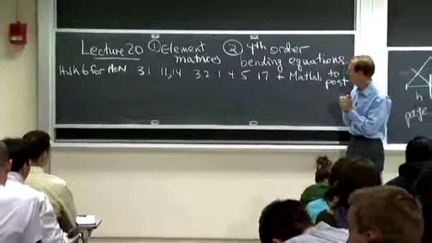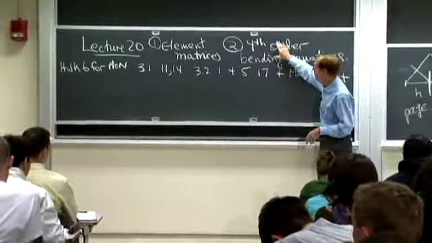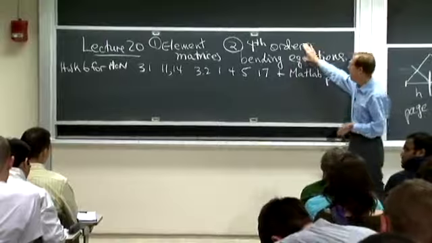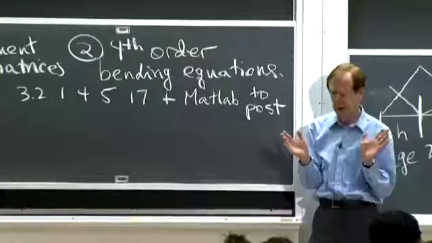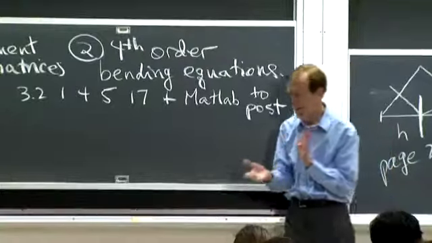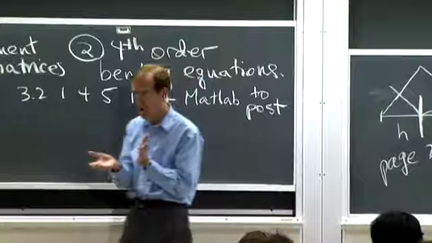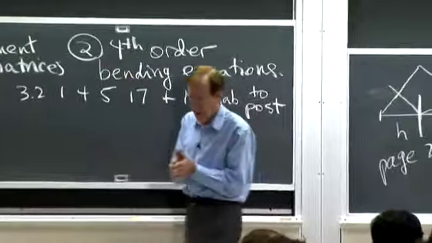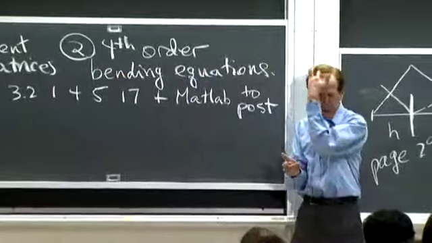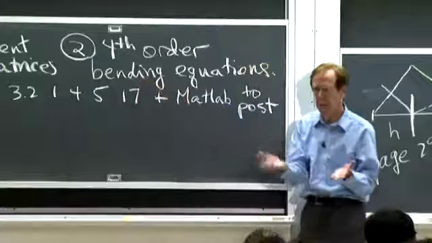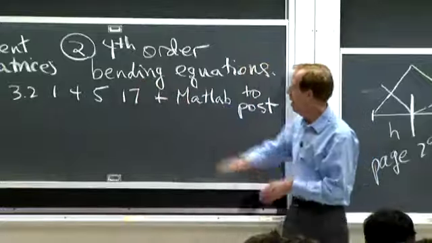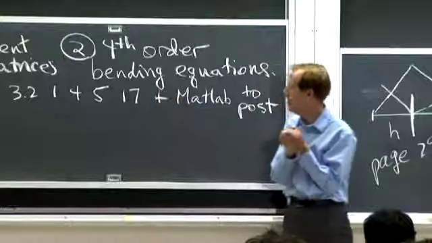That's half of today's lecture. Step two, problem two, coming from the next section, is fourth order equations. Up to now, all our differential equations have been second order. Are there fourth order equations that are important? Yes, there are, for beam bending. So I'll describe that application, which leads to fourth order equations.